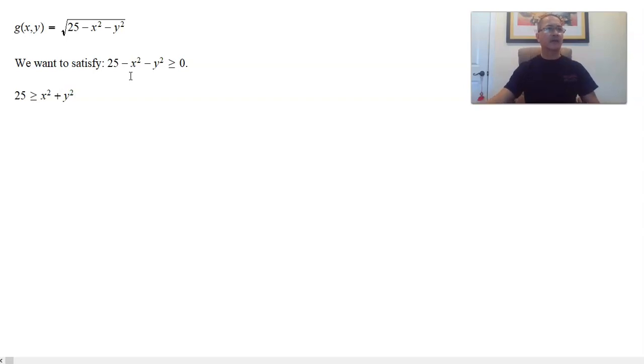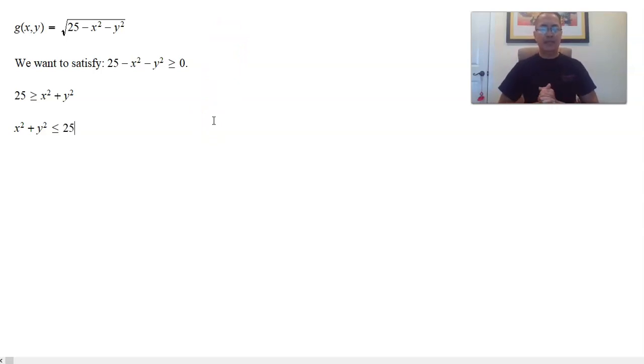That's nice. What's another way to write this inequality? How about we put the x squared plus y squared on the left? Kind of just pivot it around. And so instead of greater than or equal to, we now should have less than or equal to 25.